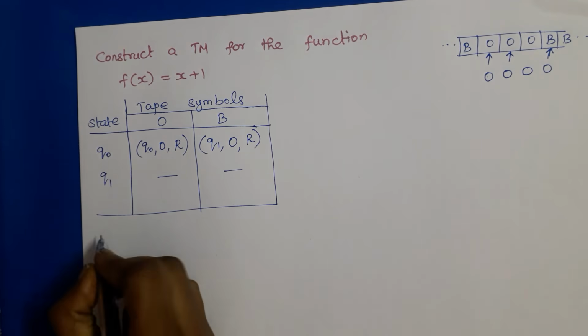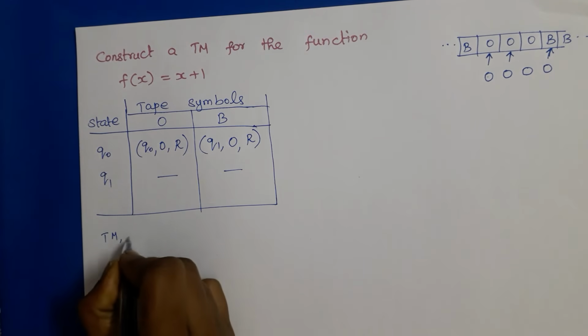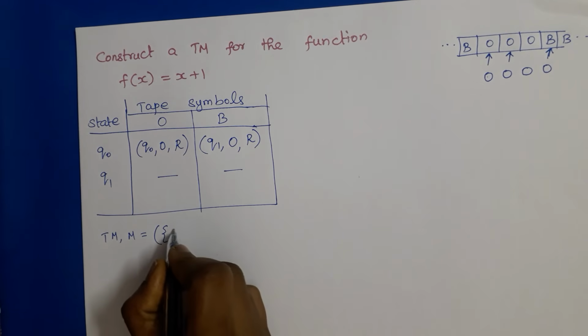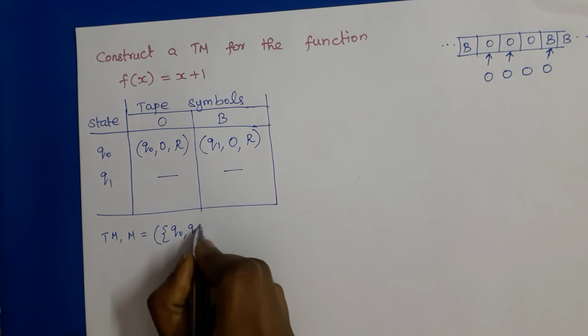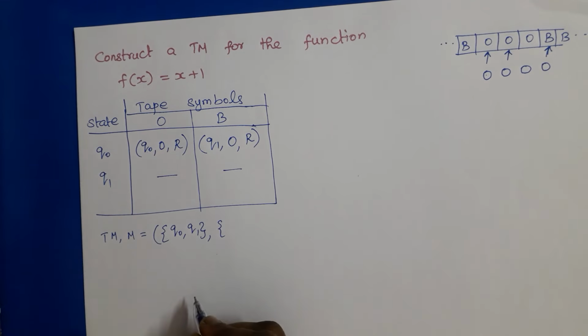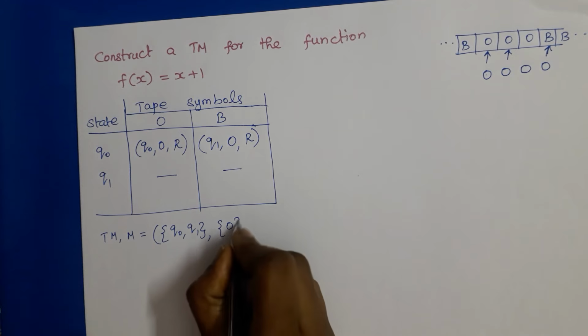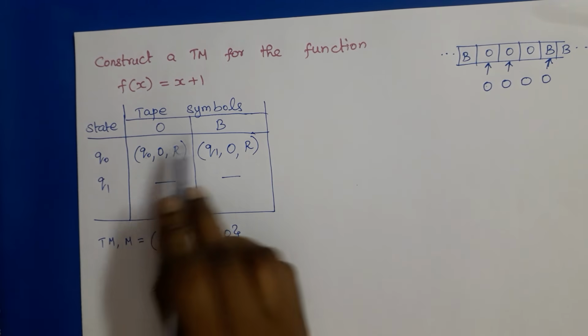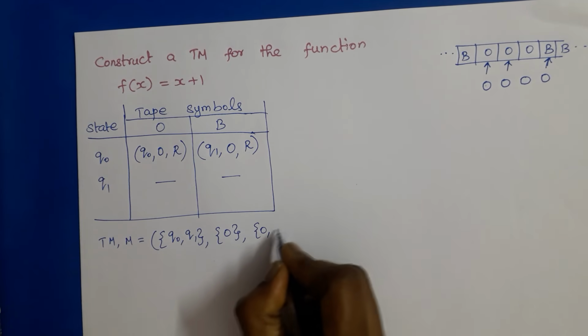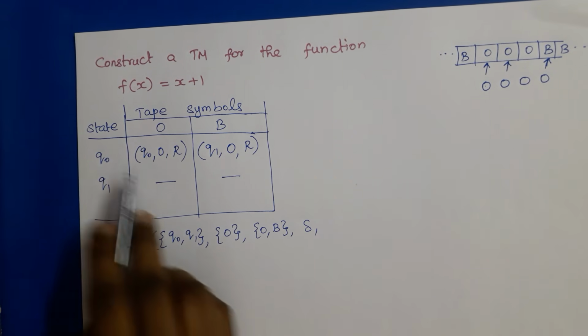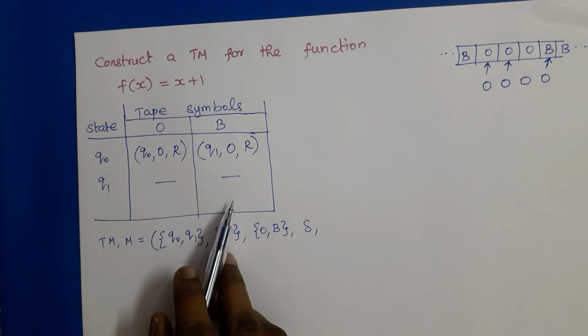So now we can write the 7-tuple notation. So Turing machine M is equal to a set of states. So what are the states here? q0, q1, and the set of input symbols. Here the input symbol is 0, and the set of tape symbols is 0 and blank. Then delta is the transition function that we have written as a table.